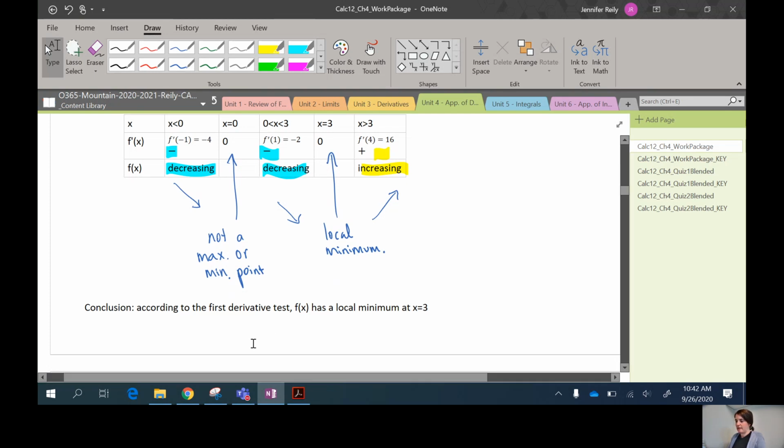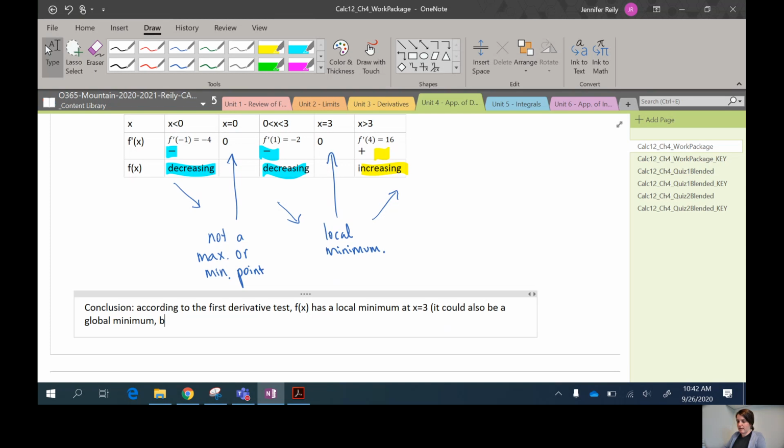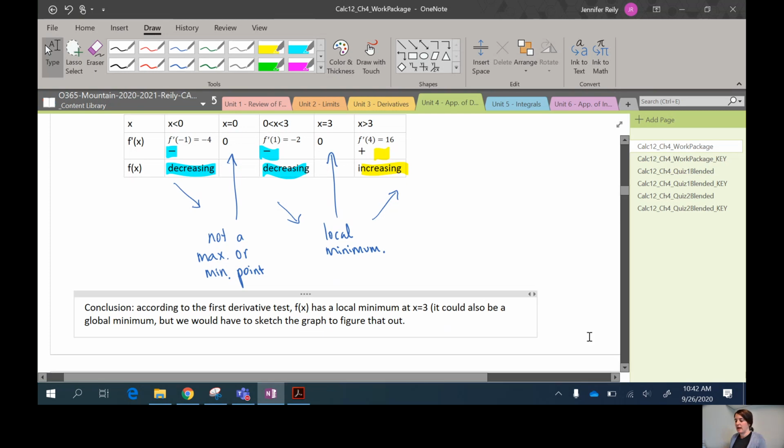And again, it could also be a global minimum, but we would have to sketch the graph to figure that out. And we'll do that in the next lesson, okay?